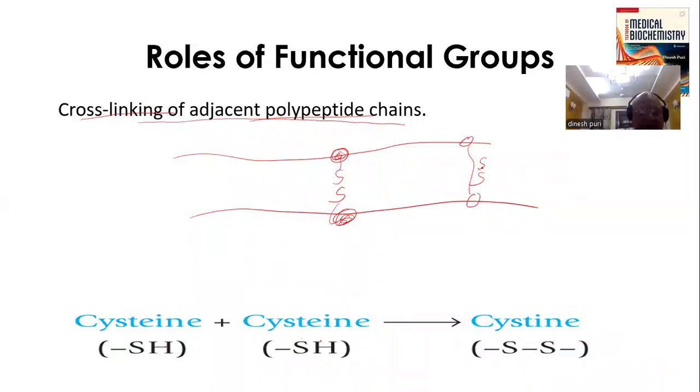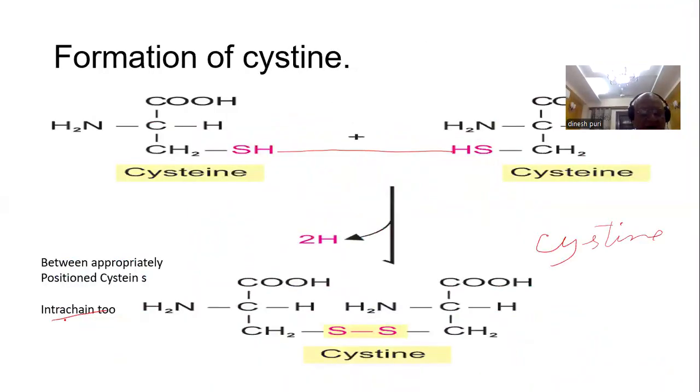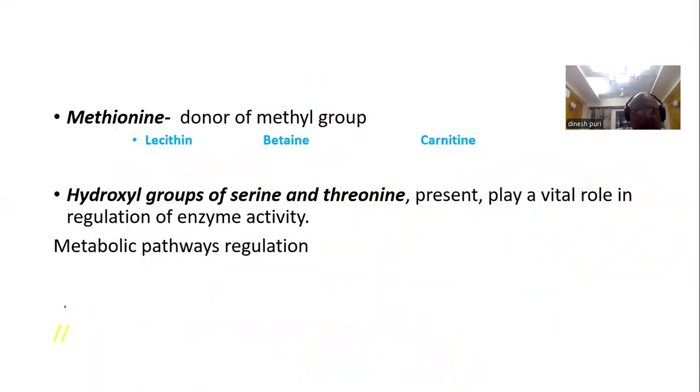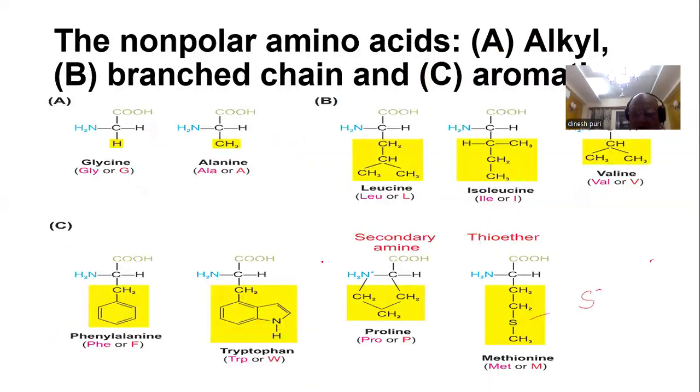An important point is that they occur intra-chain also, within the same chain they can be present. So cysteine is the one sulfur containing amino acid. Another one we are going to talk about is methionine. If you look at methionine, it has not a terminal SH group, but after the sulfur there is one methyl group also.